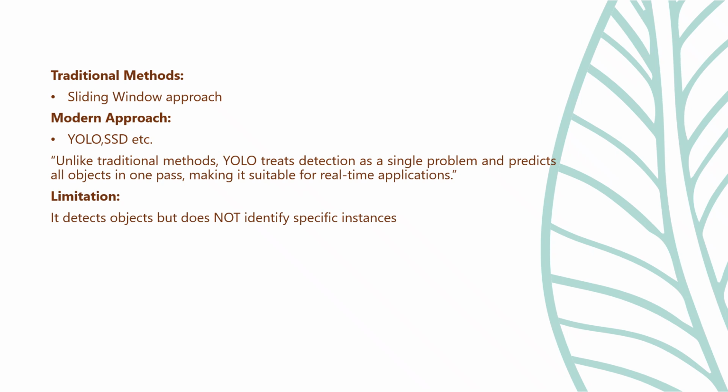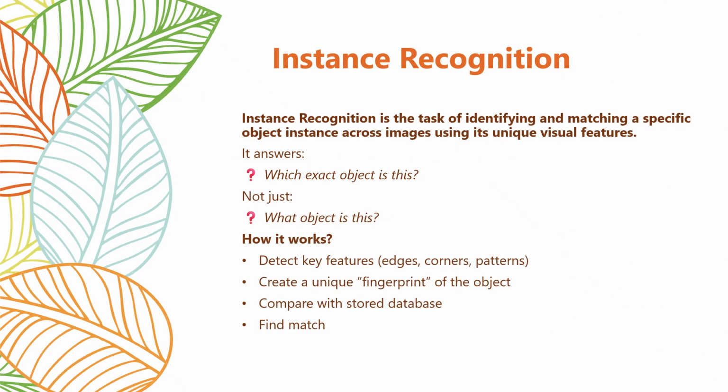However, object detection still has one limitation. Although it can detect multiple people in an image, it cannot identify which specific individual each person is. For that, we need the third technique, which is called instance recognition. Now, let's learn about that.